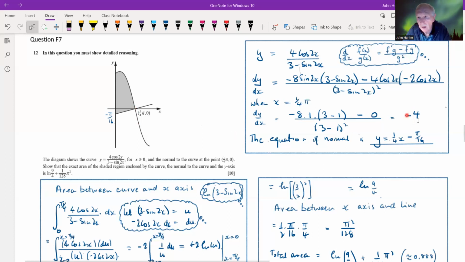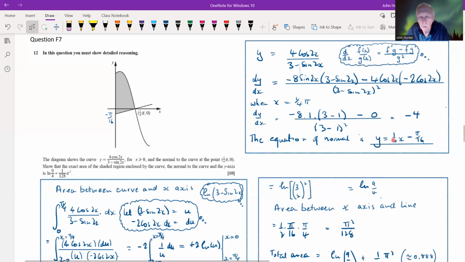So yeah, that's fine. And therefore, the gradient of the normal is going to be the negative of the reciprocal, which is going to be 1/4. So that's sort of shallow and positive. Now, skip a step or two here, really. I mean, this is kind of GCSE stuff.